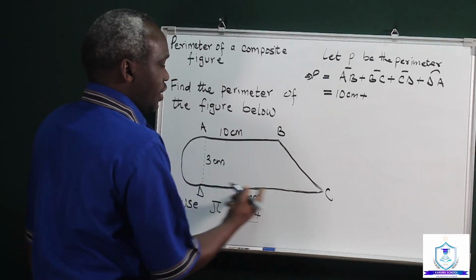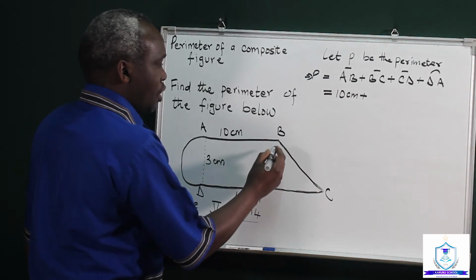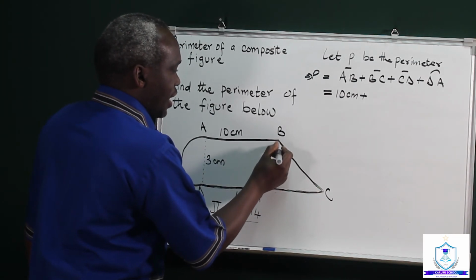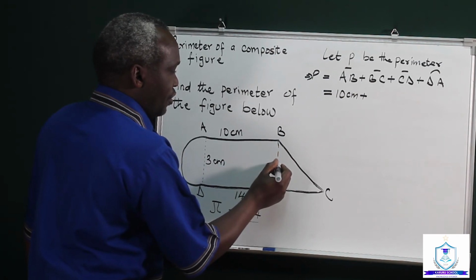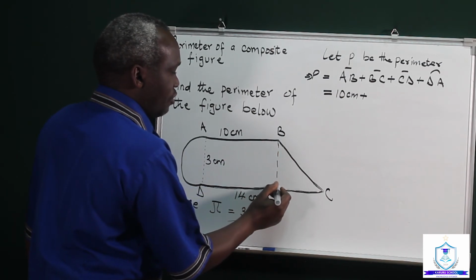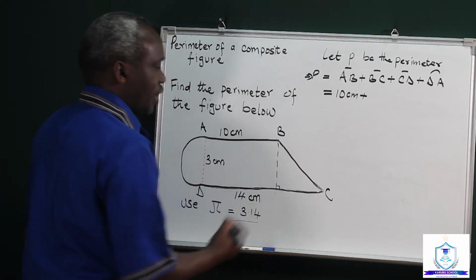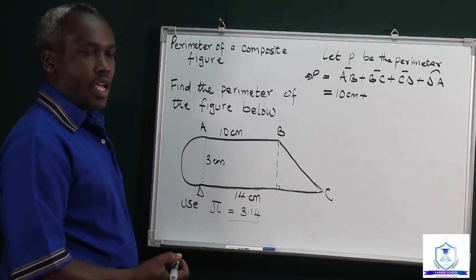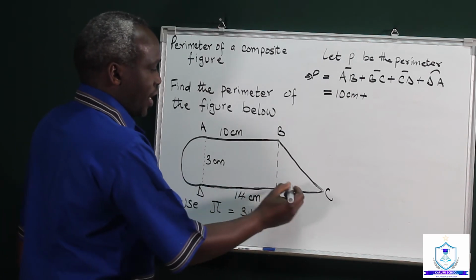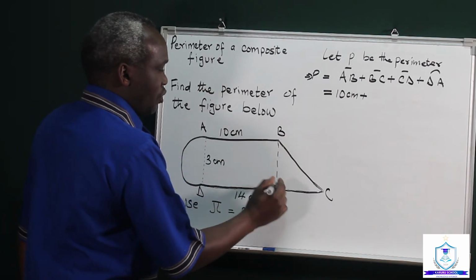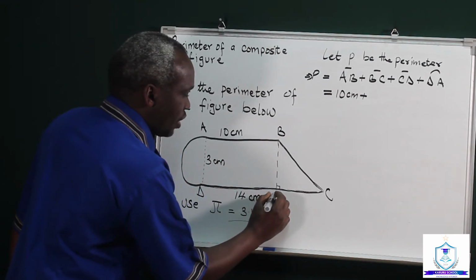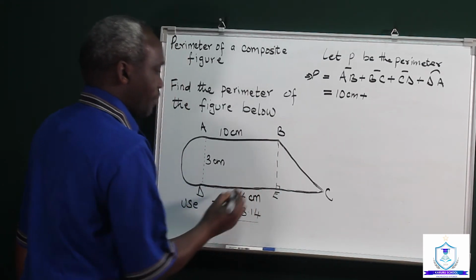Since we know that this is a triangle, we can excise the right angled triangle from the figure that we have been given. Once we have excised that triangle, we will need to find the distance from point B to a new point here, which we can call point E.